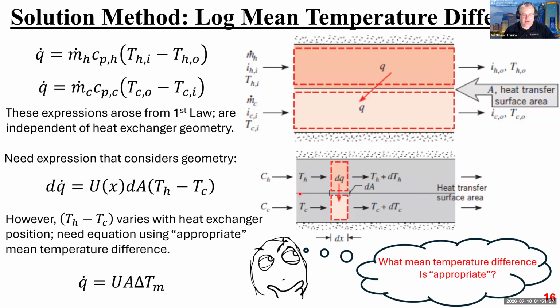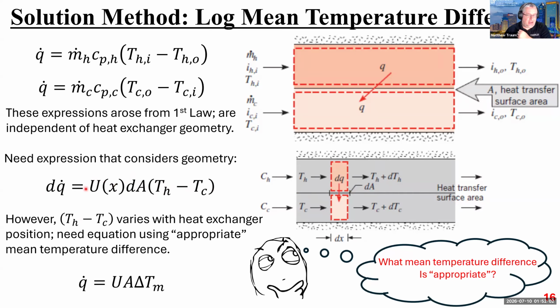So this differential heat transfer from the top element to the bottom element in two different tubes at two different temperatures, thermally communicating across this area dA, the surface area between the two tubes. That heat flux is equal to U times dA times delta T, the hot temperature minus the cold temperature.